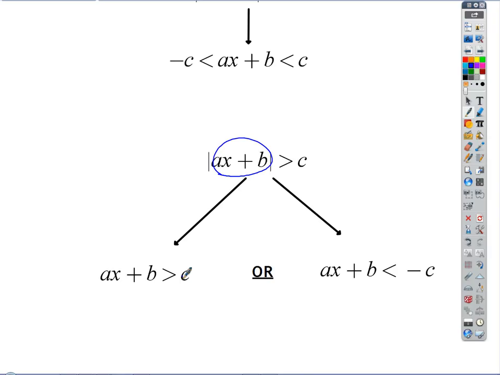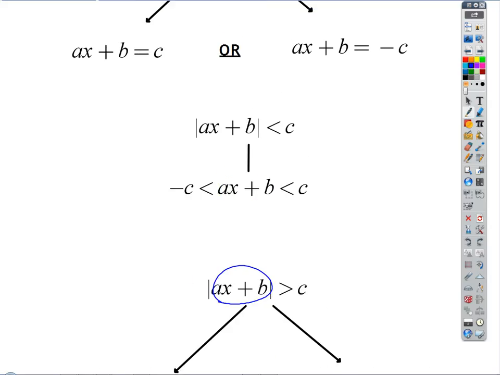In order for the absolute value to be greater than C, it's either got to be very big and positive or it's got to be very big and negative. So when I take the absolute value, it becomes positive. So it's either going to be greater than C or it's got to be to the left of, more negative than negative C. The one that's the weird one is this one.